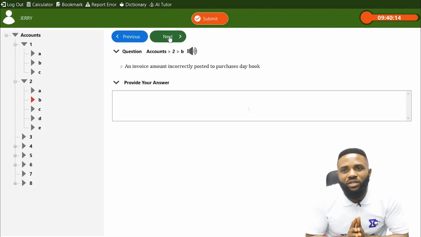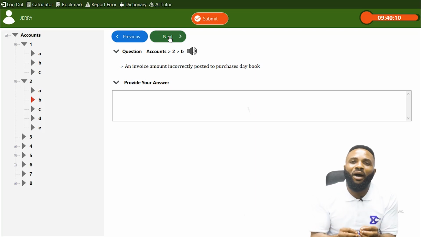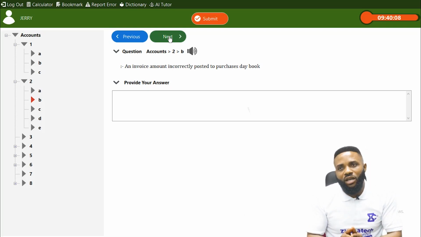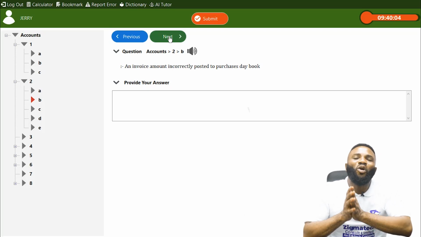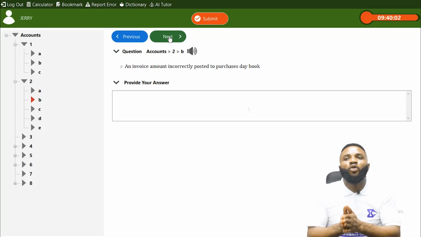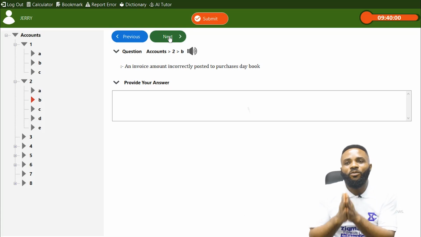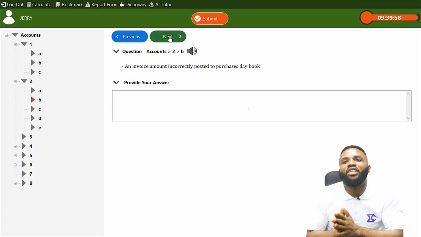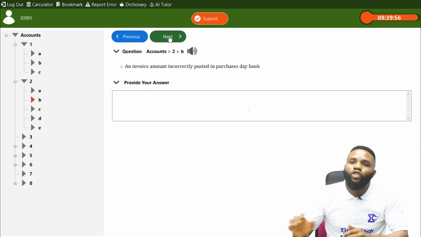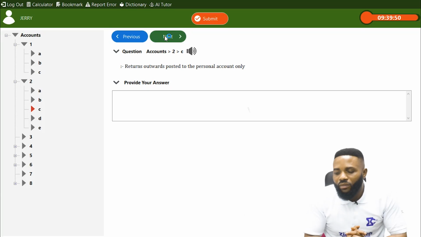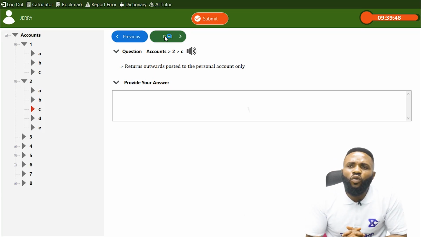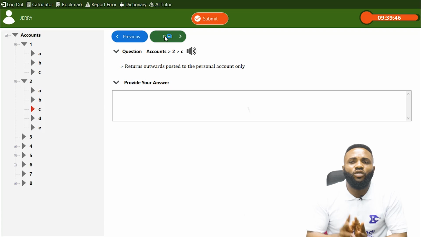Error of original entry is committed when a wrong amount is posted to the account. Every amount that is involved in a transaction is supposed to be correctly posted to the account. So when the figure that is involved is incorrectly posted to the necessary account, such an error is called error of original entry.